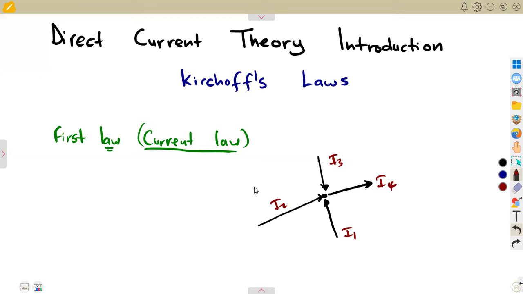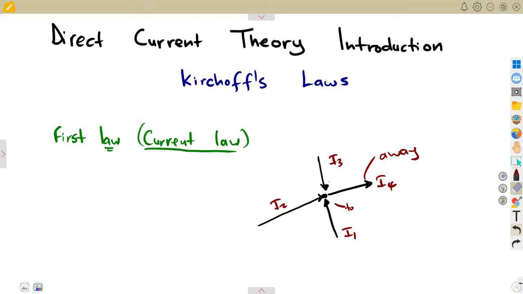The arrow here indicates that the current is flowing to the junction. If it is like this, it is flowing away from the junction. This one is flowing to the junction.